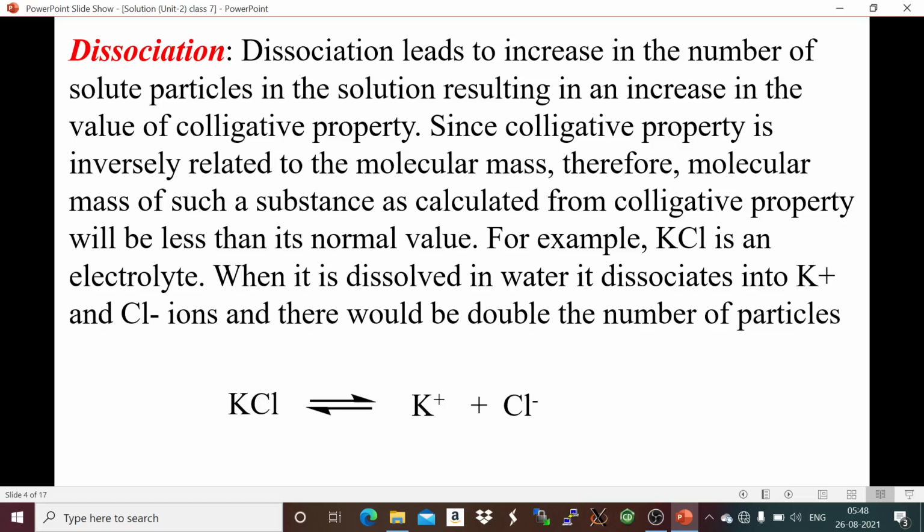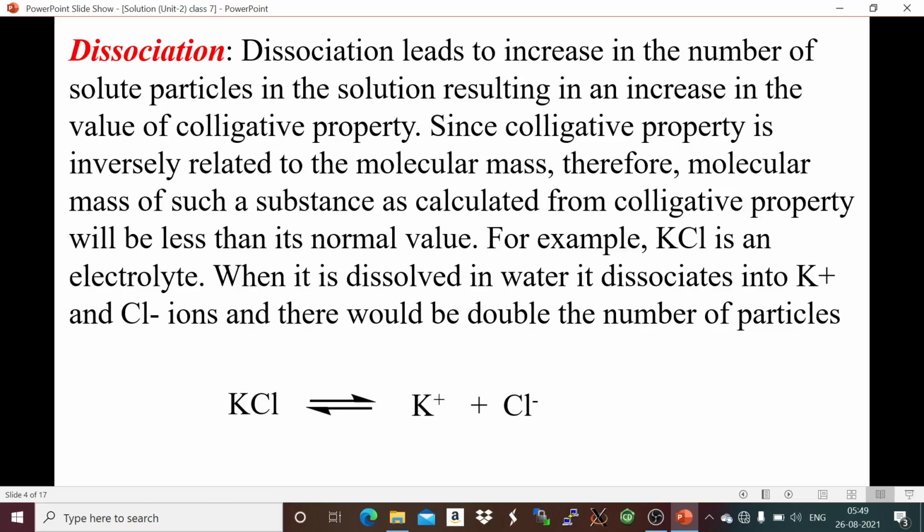Again, colligative property value is inversely related to molar mass. Therefore, the molar mass of such substances as calculated from colligative property value will be less than its normal value. The normal value is what we consider for KCl, but when we calculate, it exists as K plus and Cl minus, so the molar mass will change.